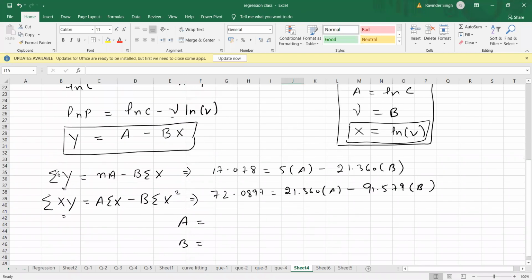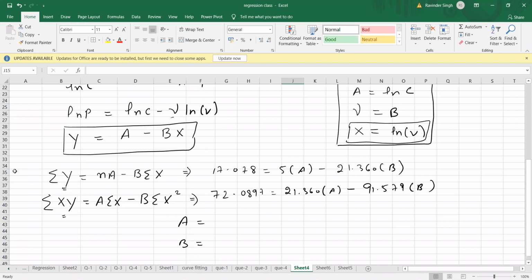So capital A and capital B value we will find out using calci. So go to mode, equation, and we have two unknowns, 5, and this will be minus 21.360 is equal to 17.078. A2 is 21.360 minus 91.579 is equal to 72.0897.